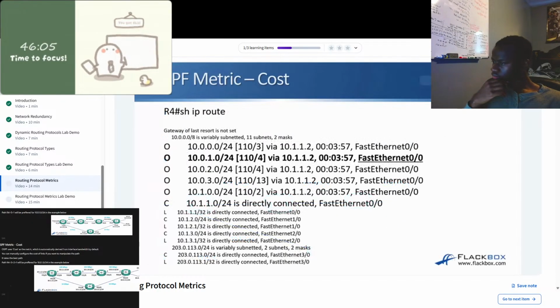So if we have exact same topology and we enable OSPF on our interfaces and do a show route, you'll see that traffic will go across the top path. Traffic is going out interface FastEthernet 0/0 from R4, which is the top path.